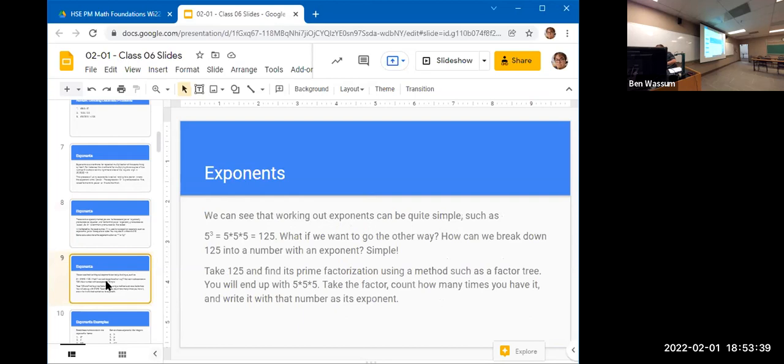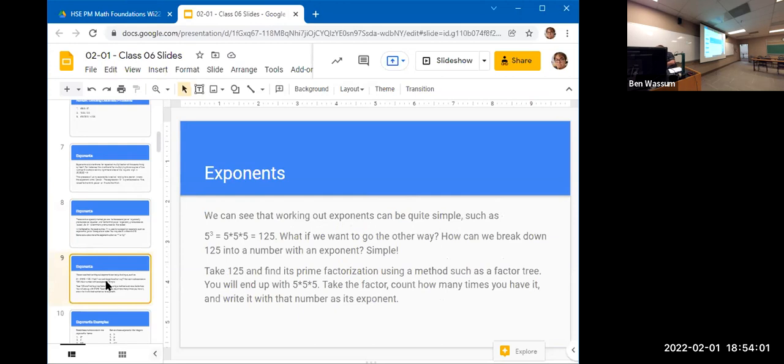So we can see that working out exponents can be quite simple, such as 5 cubed: 5 times 5 times 5 is 125. But what if we want to go the other way? How can you break 125 into a number with an exponent? Well, that's not bad, because it goes back to factor trees like we were doing before.